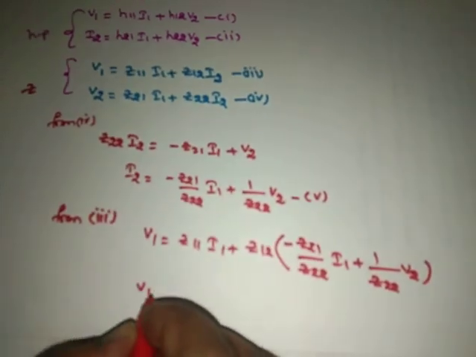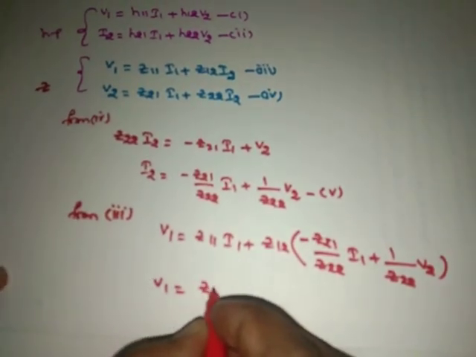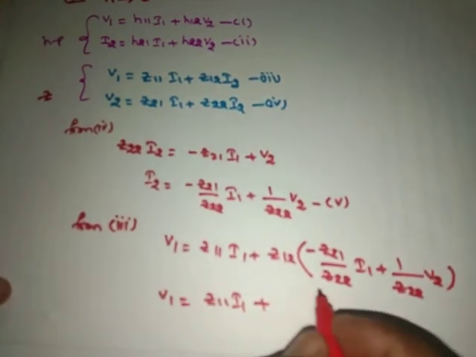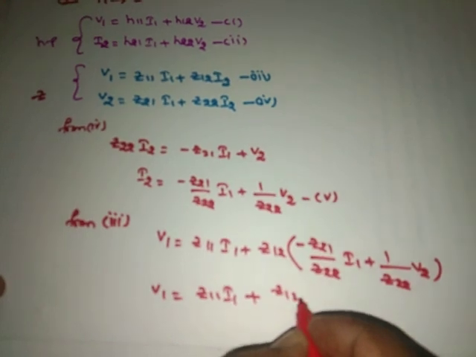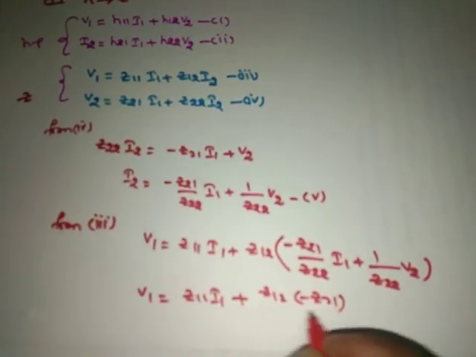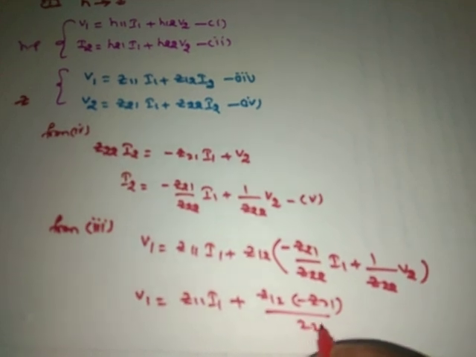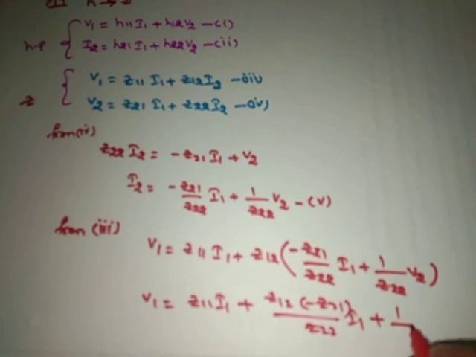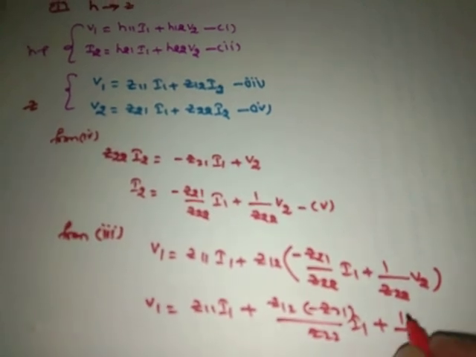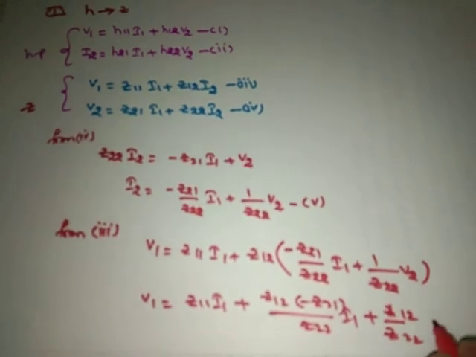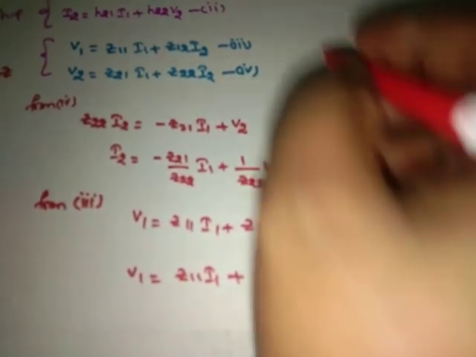Simplify this expression. V1 is equal to Z11 I1 plus Z12 times minus Z21 by Z22 I1 plus Z12 by Z22 V2.